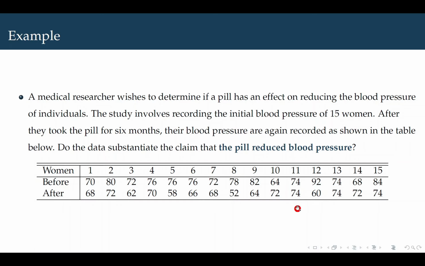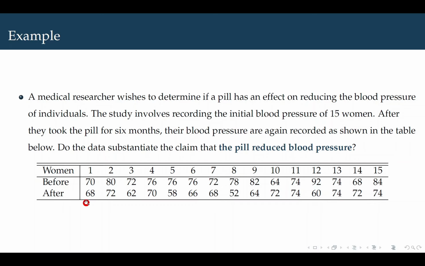And if we go somewhere, let's say here, for woman 11, 74, 74, then here the pill doesn't have any effect. And here, if we consider woman 14, 68 minus 72, the difference is minus 4. Therefore, for this woman 14, the pill has an increasing effect in the blood pressure of that woman.